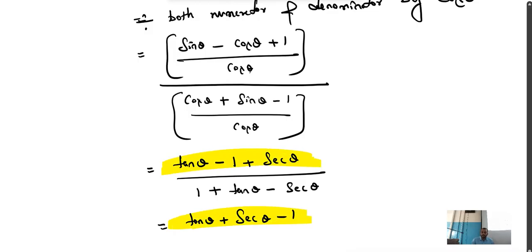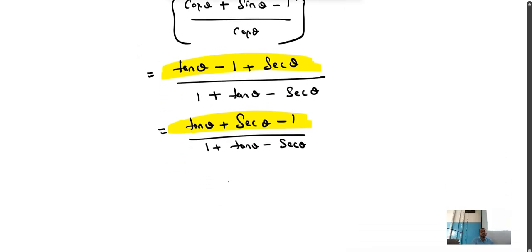Tan theta plus secant theta minus 1, divided by this, let me write as it is, no worries: 1 plus tan theta minus secant theta. Let it be as it is. Any doubts still here? No. Very good.